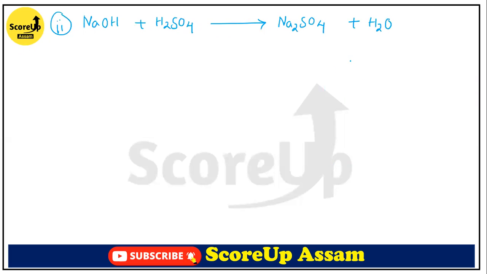So we need to balance this. Similarly, we will write here first element, then reactant, then we shall write product.